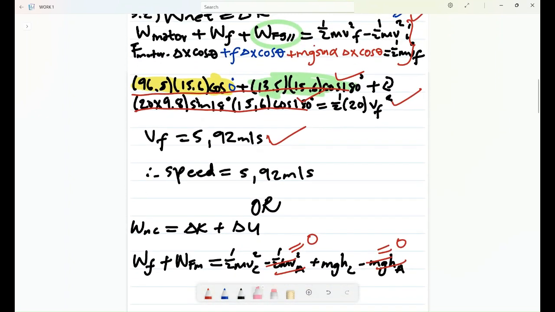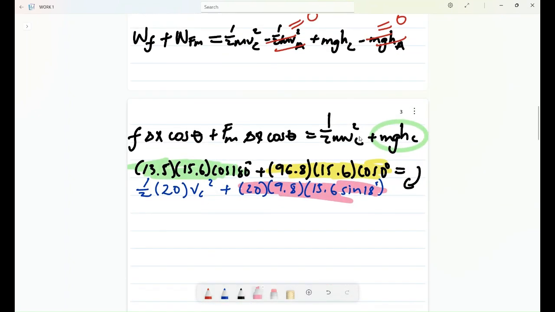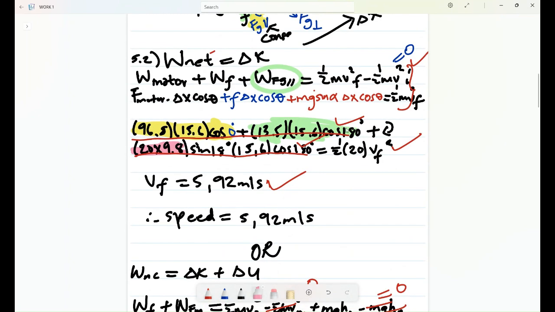Look at this here. 20 multiplied by 9.8, here it is. We agree, 20 multiplied by 9.8. Also 15.6 multiplied by sine 18, here it is. Cos of 180 means this is negative on this side. This on the left hand side was negative.